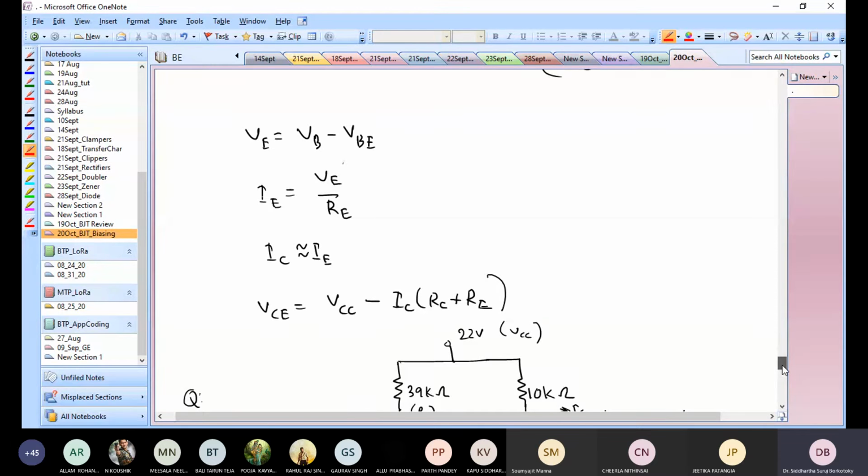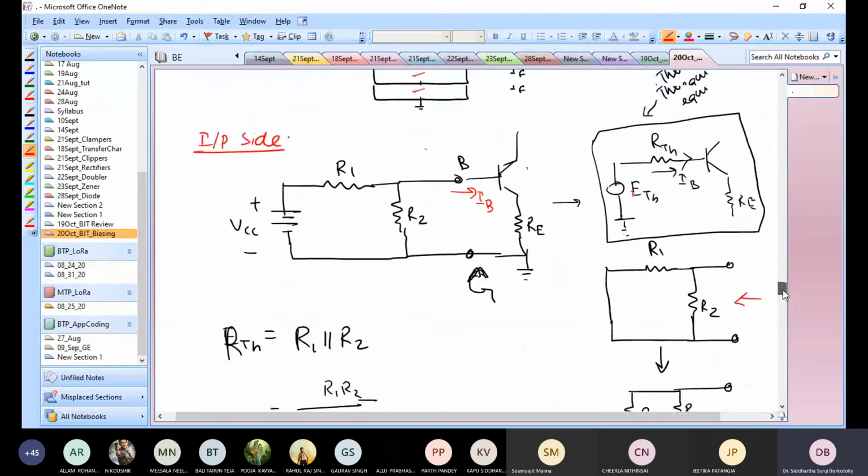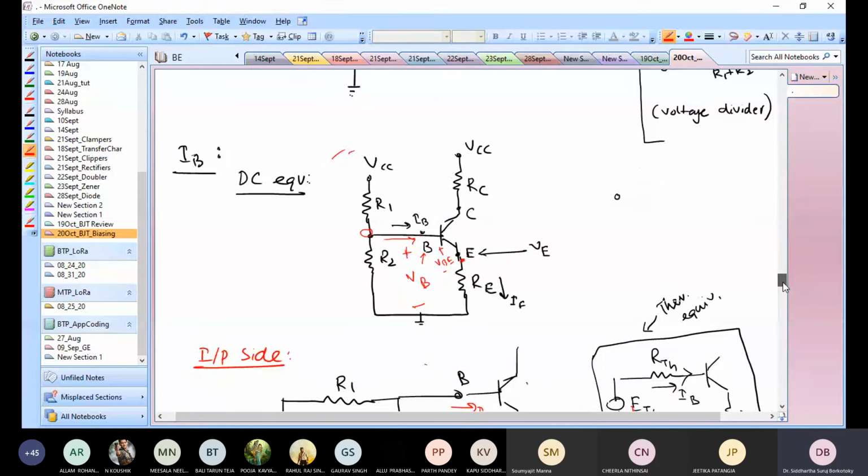Then what is IE? Emitter current. Going back to the circuit, IE would be the potential at point E, which is VE, divided by this resistance RE. Actually it is the potential at E minus the potential at the ground divided by RE, but ground potential is 0, so I can say that the current IE flowing through the emitter is VE by RE.